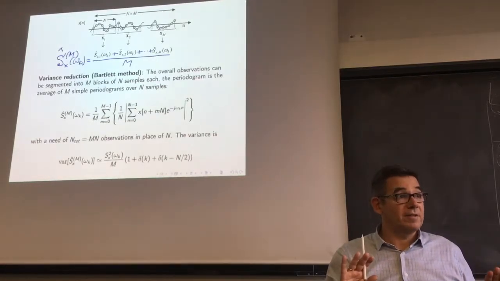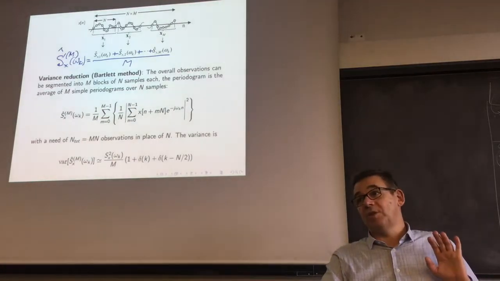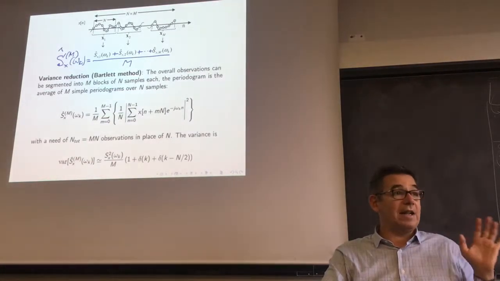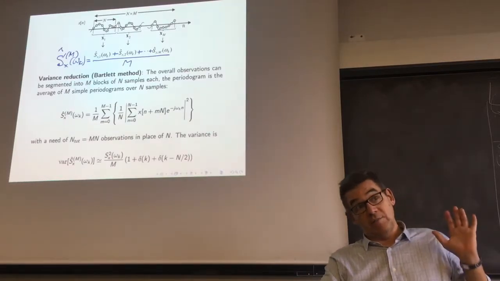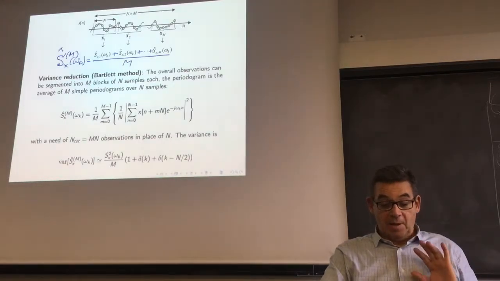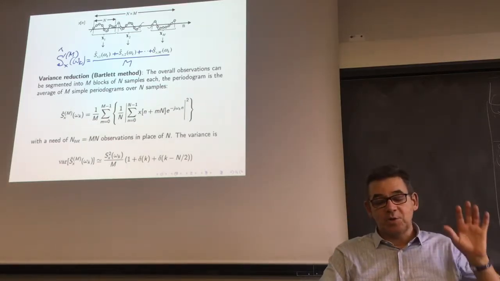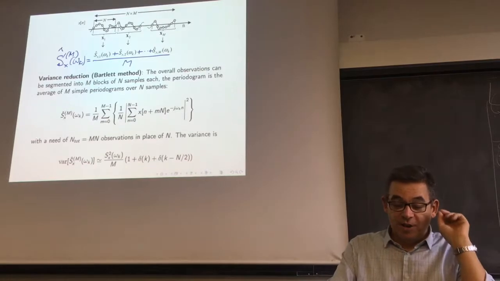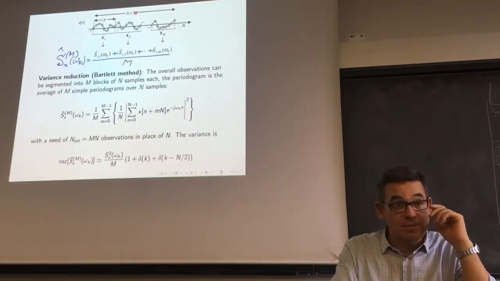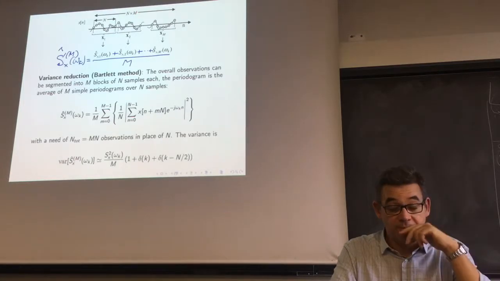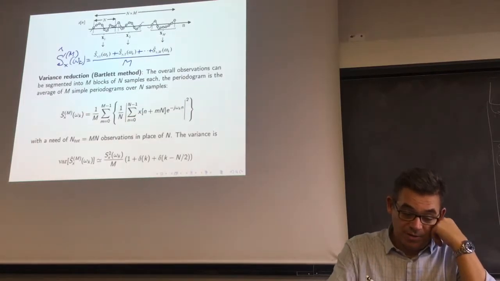Perfect. Okay, so the variance, the simple way, which is very simple, is reduced by trading the bias with the variance. Why is that? Because we know that this capital N times capital N is the total data set.